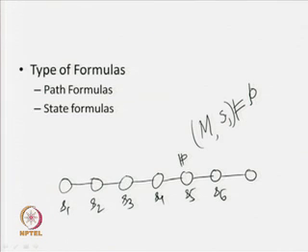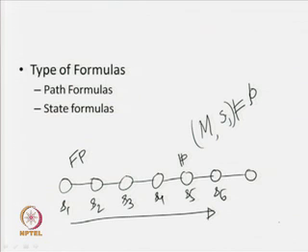Then I can say that in state S1 the formula F P is true, in future P is true. So, though we are talking about state S1, it is related to this particular execution sequence.